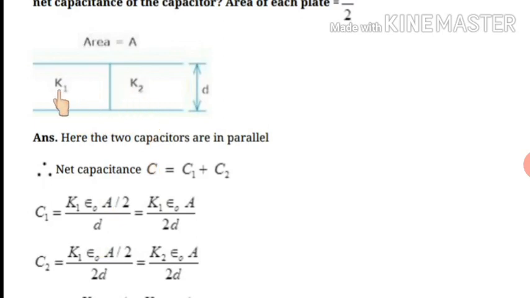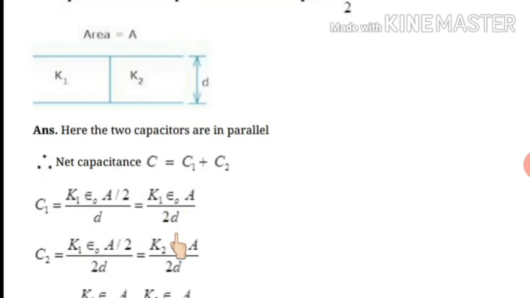So this will have area A by 2, and this will also have area A by 2. D will remain as it is. So C1 will be K1 epsilon naught, and in place of A we write A by 2, upon D. This 2 will go in the denominator. So finally the expression for C1 will be K1 epsilon naught A upon 2D.